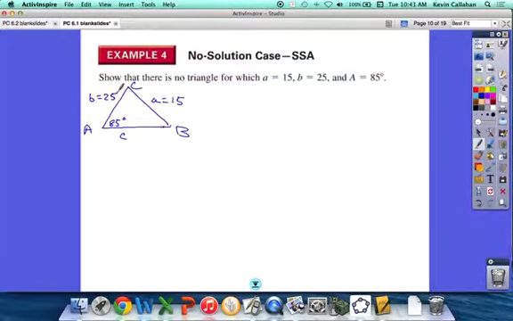So again, we're going to have to use the sine of B over B equals the sine of A over A. The sine of B over 25 equals the sine of 85 divided by 15.